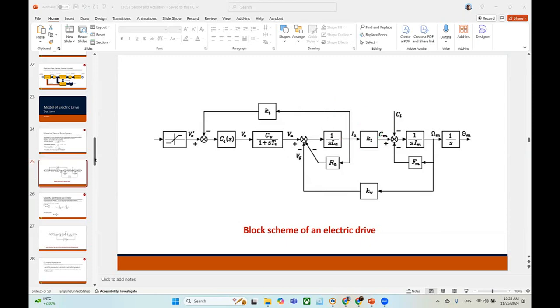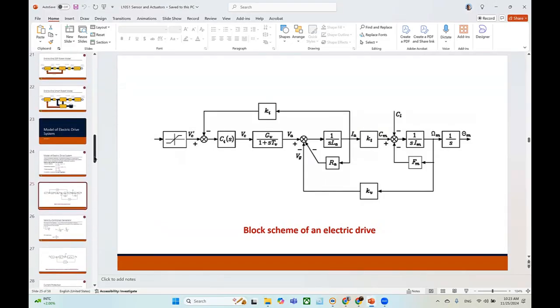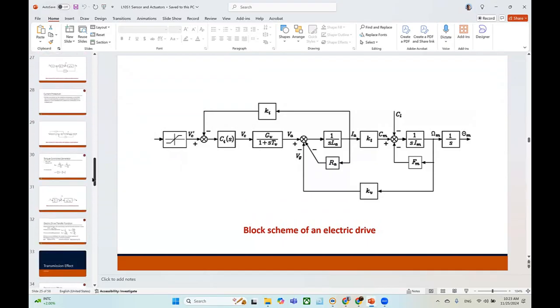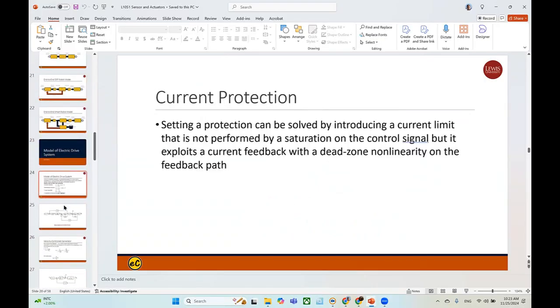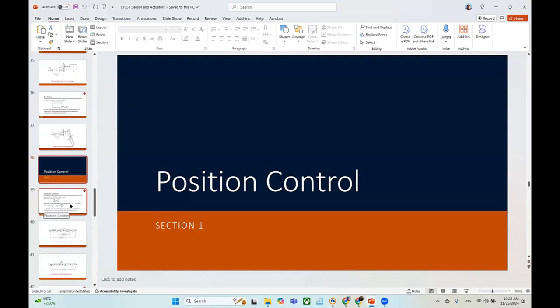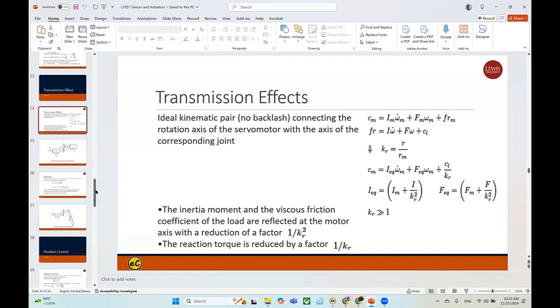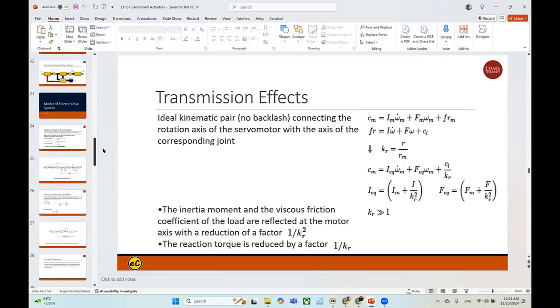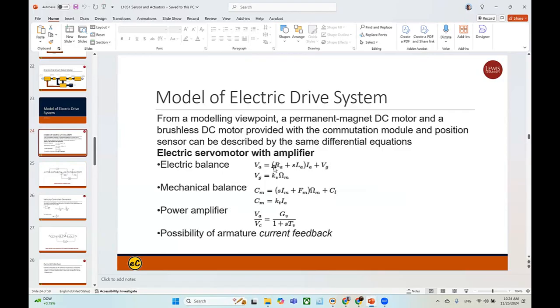There is one thing called position control. This is called the electrical drive model, from your environment variable to the control variable.